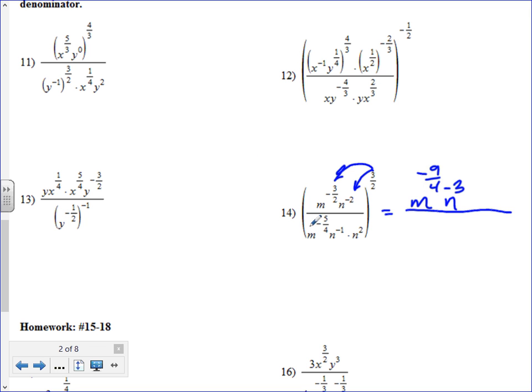Very simple. Take each of these exponents and multiply them by 3/2. So what is negative 5/4 times 3/2?